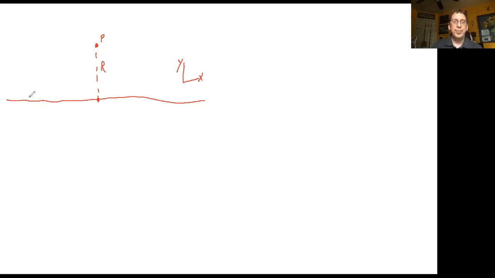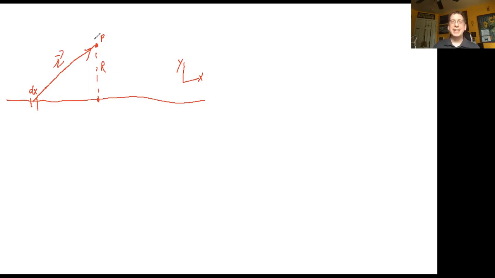And so we are going to look at a point on the line of infinitesimal length width dx.